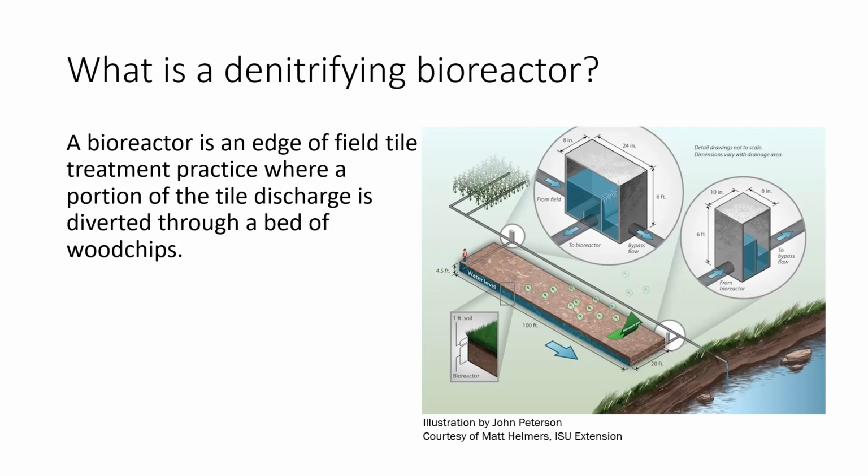There's a distribution line at the upper end. It flows through that bed of wood chips all the way to the lower end, where there's another control structure that has stop boards in it once again to really control the speed of flow through the bioreactor. It's collected in a distribution line at the bottom end of the bioreactor and reintroduced to that field tile at this point and lets that treated water outlet into the main and eventually outlet to the stream.